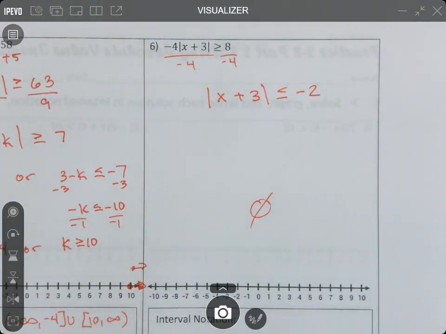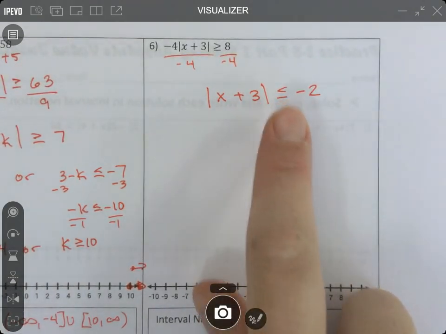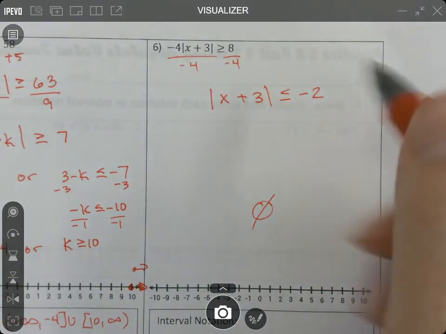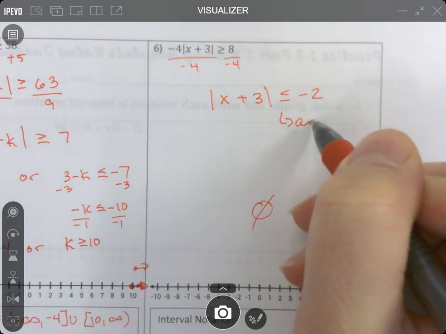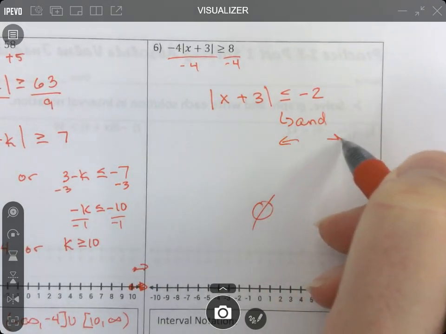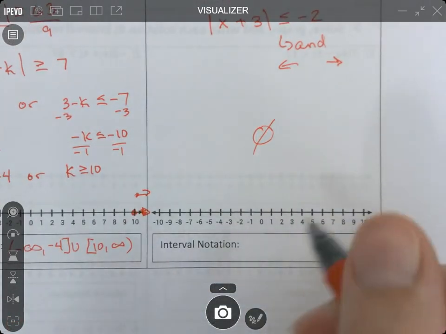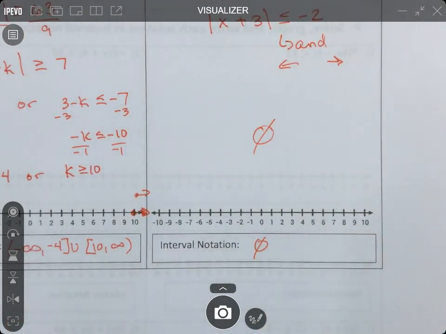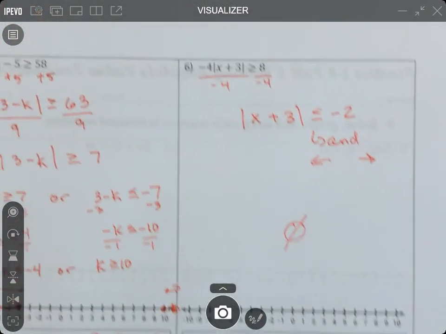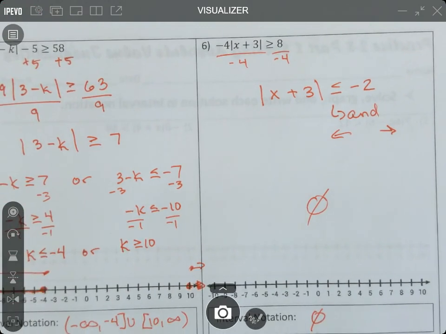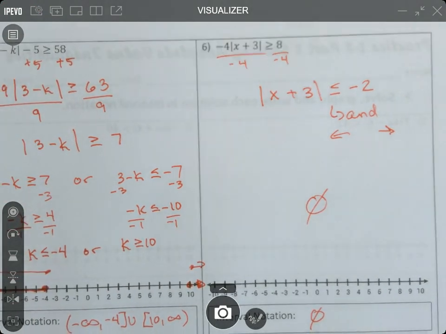If you went through the motions because you didn't catch that, in the end, your graph, this would be an and statement, wouldn't it? In the end, your graph would do this, and that's never going to happen. So your graph should be blank, and you can do the no solution with the null set. You can say no solution, and there it is. So use your graph to test, isolate before you determine and or.